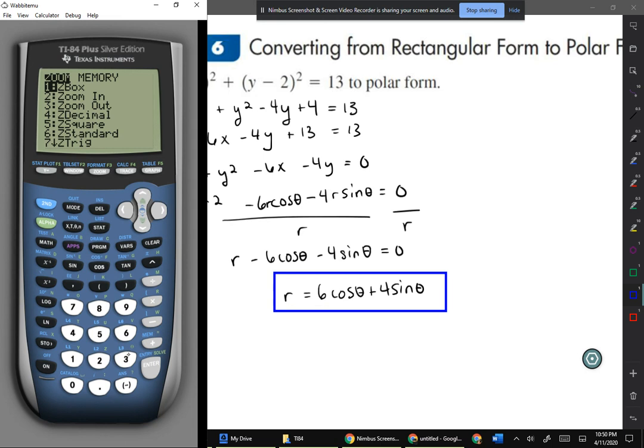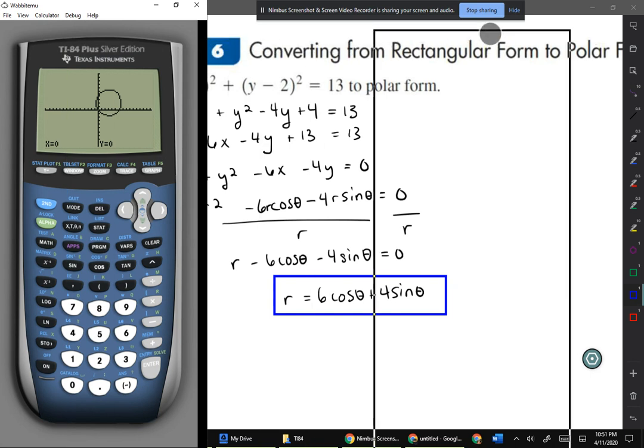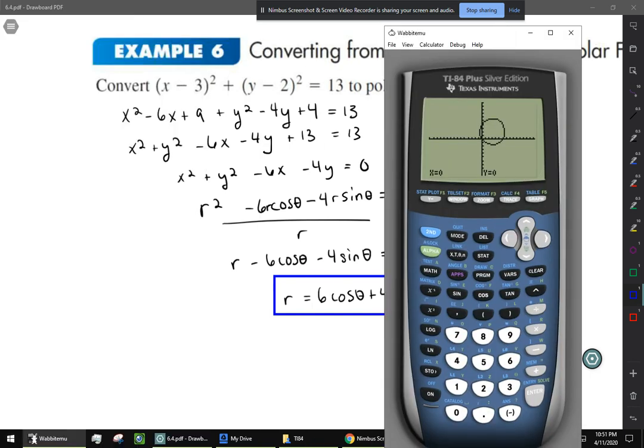So zoom out, hit enter, and notice that's about right. It looks like the center is at (3, 2). And it does look like it has a radius a little bigger than 3. And that's it.